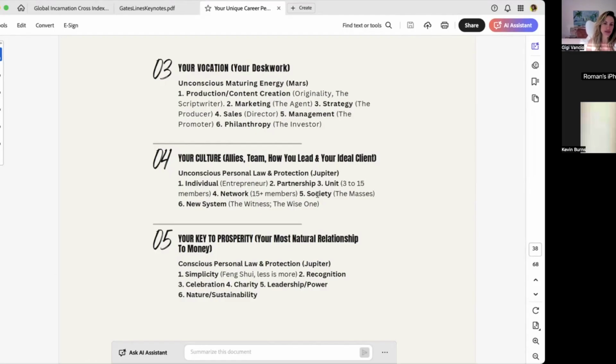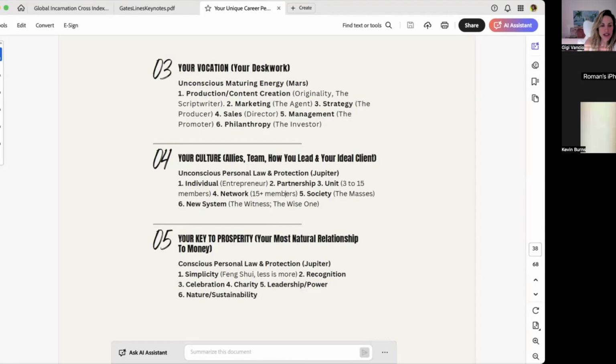She just remembered that when we were talking about how she's designed for number 4 there, which is a network of 15 plus members. Yeah, a lot of what we're seeing is just uncovering and remembering who we are.